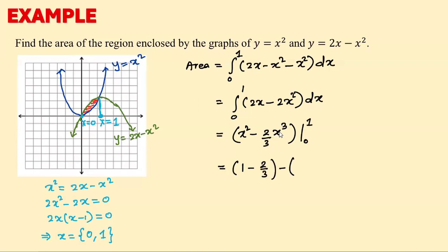Subtract and plug in the lower limit. If you plug in 0, 0 squared is 0, minus 2/3 of 0 cubed, that is also 0. So everything in the second parenthesis is 0. And in the first parenthesis, we have 1 minus 2/3, which is 1/3. So the area that is shown in red here is 1/3.